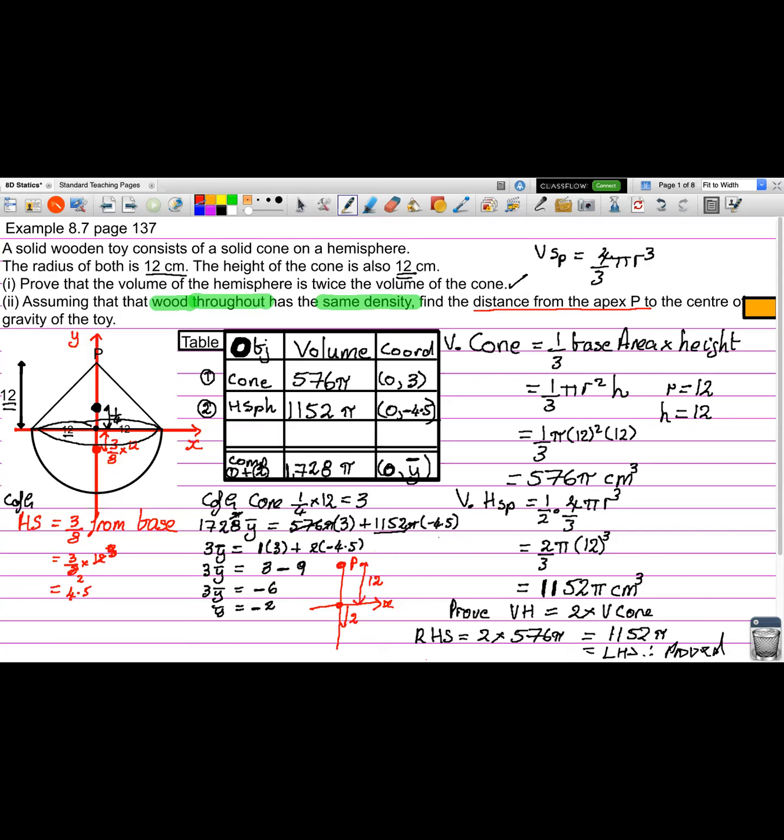So therefore, to finish off, the distance from P is going to be what?